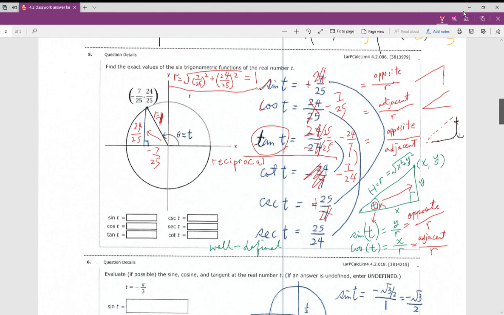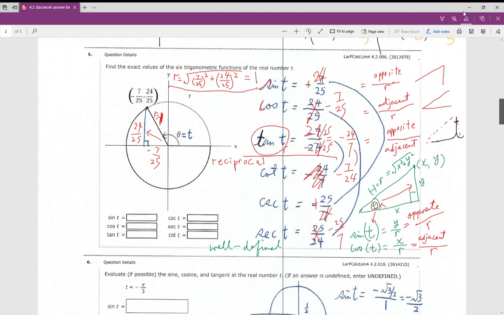And the reciprocal of the cosine function will be -25 over 7. Wow, I hope I didn't make a mistake for the rest of the work.